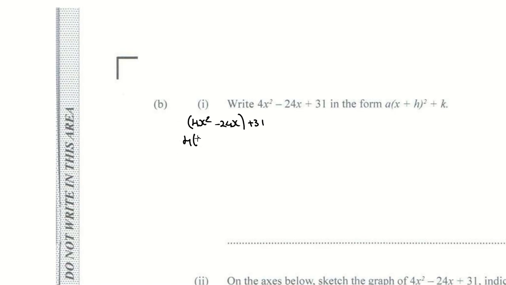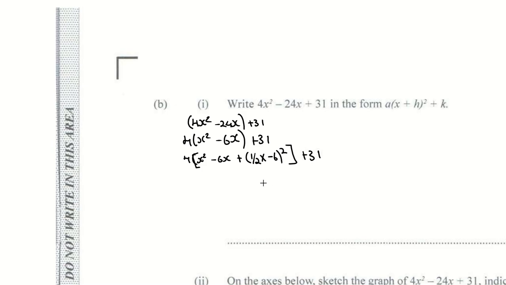So 4 by x squared minus 4 by what was 24? 4 by 6. So 6 fours are 24. So that's this plus 31. That's step 2. Step 3 is 4 by x squared minus 6x, and I'm going to add, open bracket, a half multiplied by the coefficient of x, which is minus 6, and square it, close bracket, plus 31.